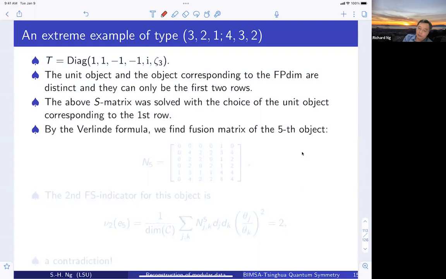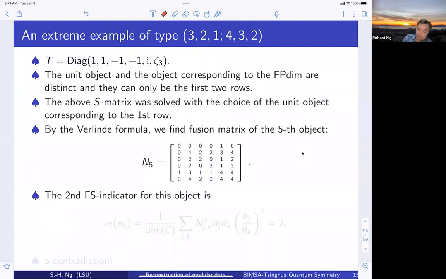So then I pick the 5th object in my system. Then I compute the indicator using the indicator formula because I have everything. The second indicator is given. I have T already, so that means I have theta. I have the D already because I can choose which unit row it is.